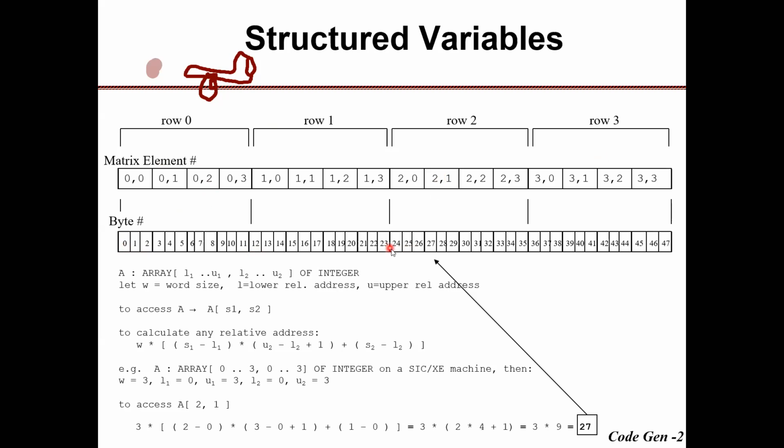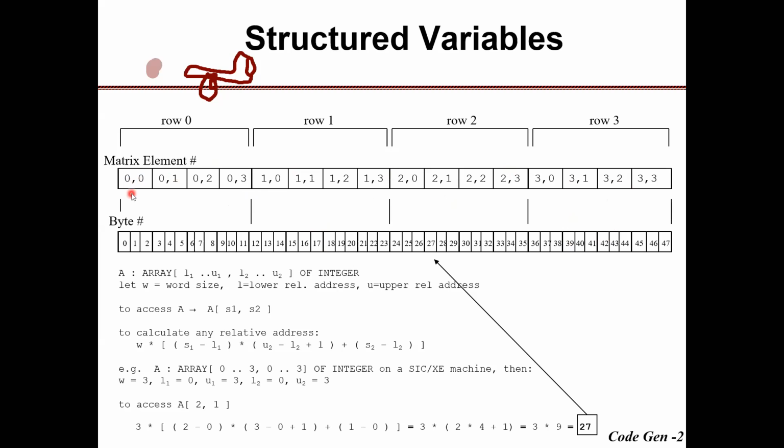Row 2, 24, row 3, 36. We know that because we knew that the length was going to be 3 bytes times 4 elements, which is where we got the 12. So we have that. So now we have a value for the starting byte for every element in this 4x4 matrix.